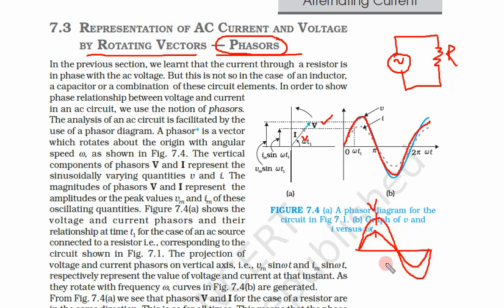That means both were maximum at the same time, both were minimum at the same time. So we get two phasors, one for I, another for V, but both are in the same direction. Only the magnitude is different: the bigger vector for voltage, smaller for I.